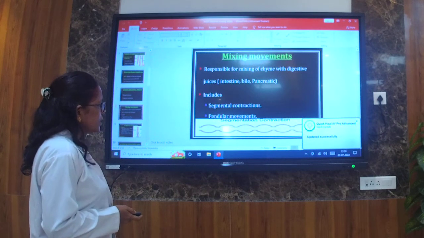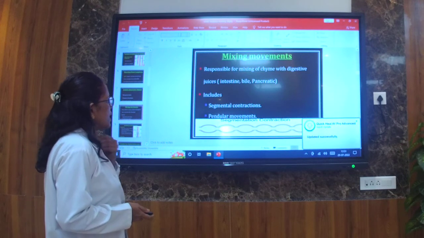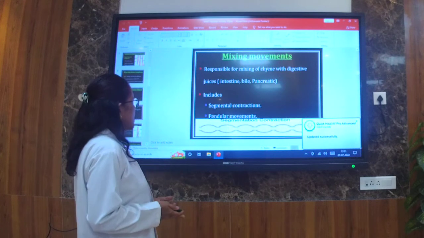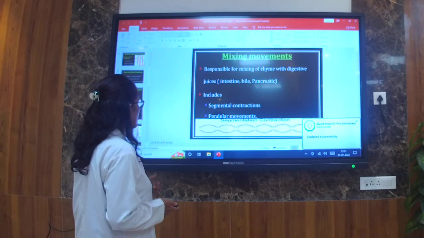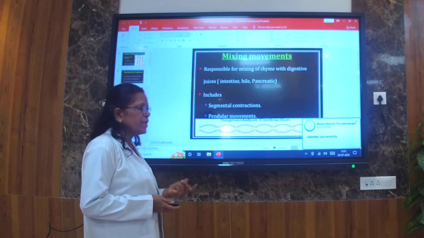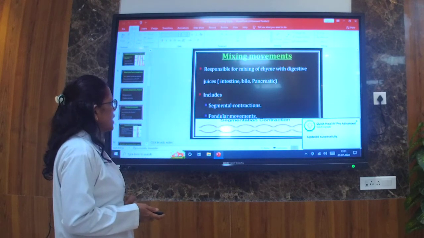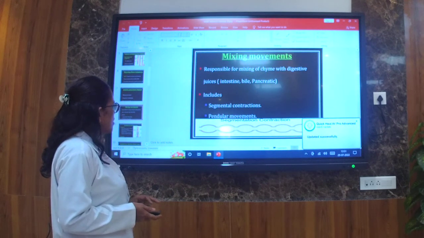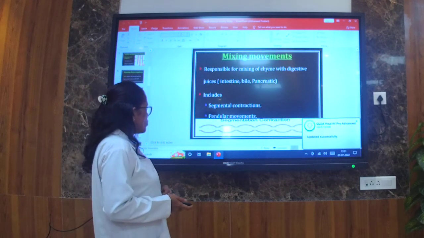The mixing movements are responsible for mixing chyme with digestive juices, that is, intestinal juice, bile juice and pancreatic juice. All of these come into the second part of the duodenum, where mixing of the chyme with the digestive juices takes place. It includes segmental contractions and pendular movement.